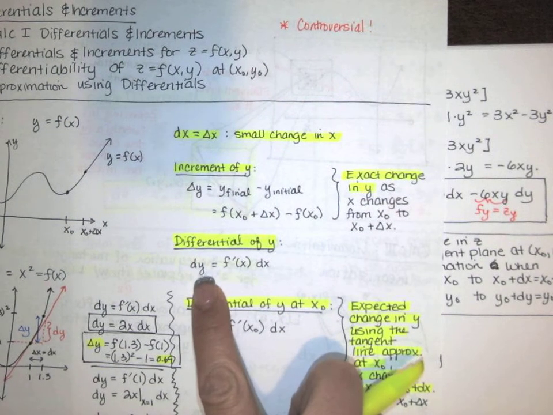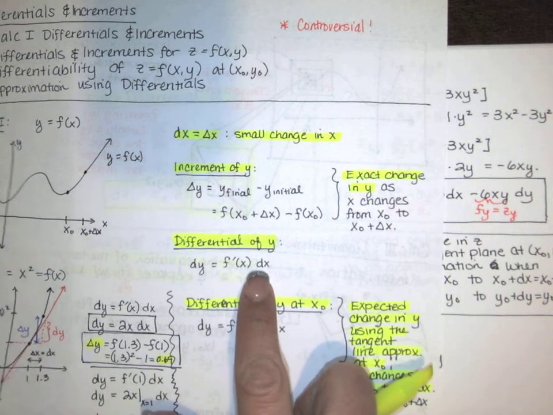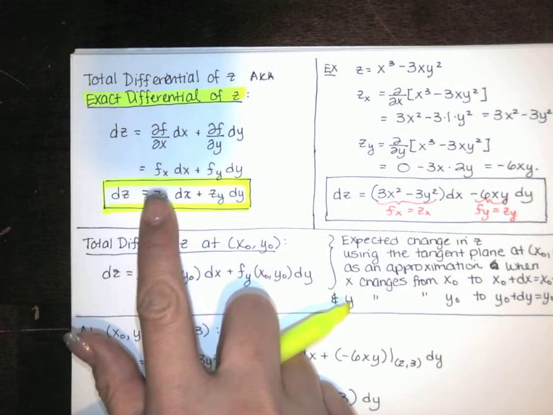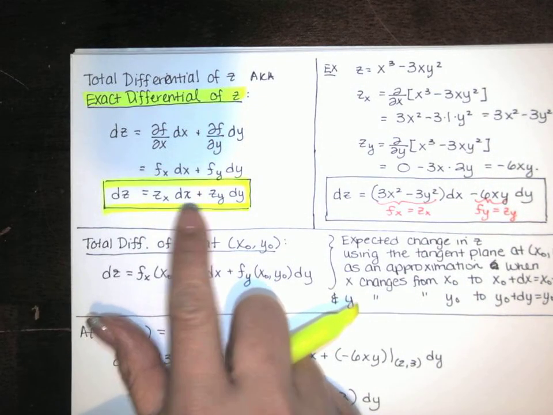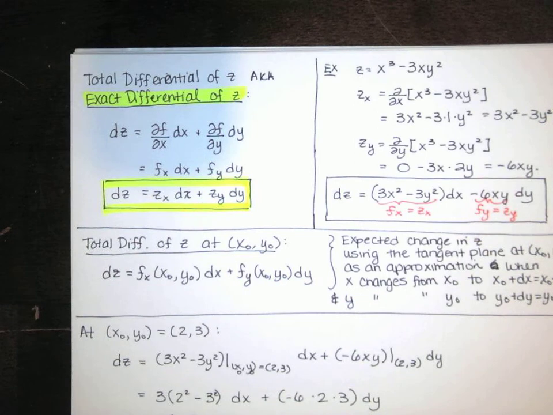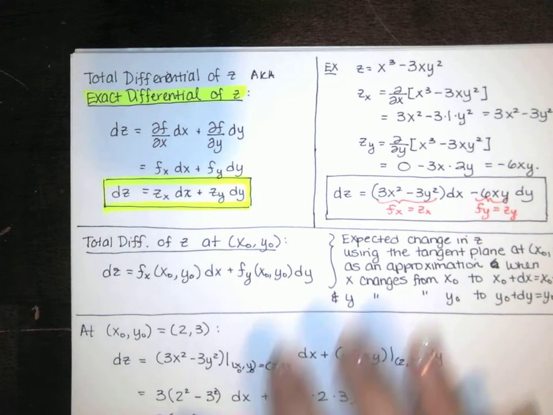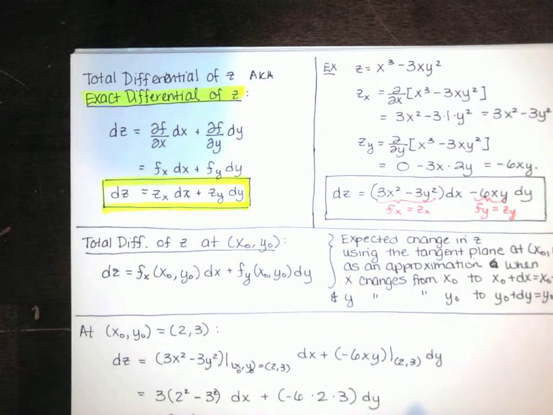If we have a function of one variable, we just take the derivative and multiply by dx. Function of two variables, you take the partial derivatives, you multiply by dx and dy, and you add them. Okay. It's just a formula. You substitute. And you say, well, what is the total differential at a point?